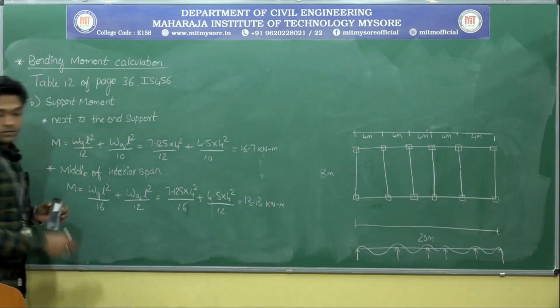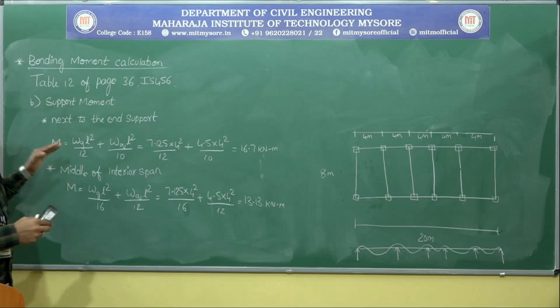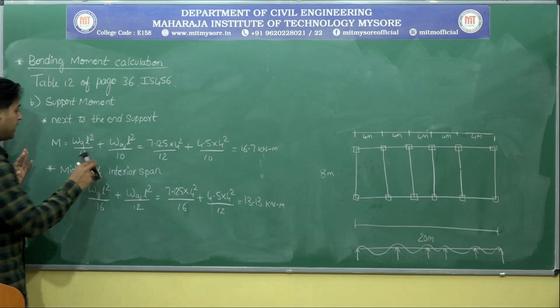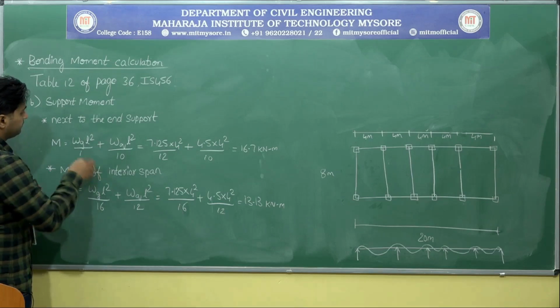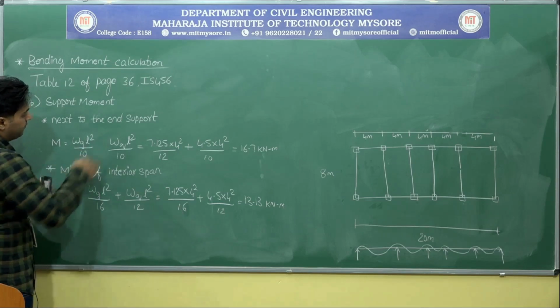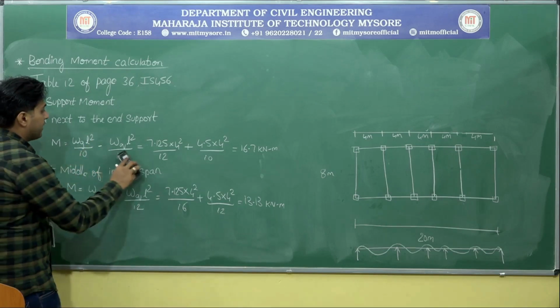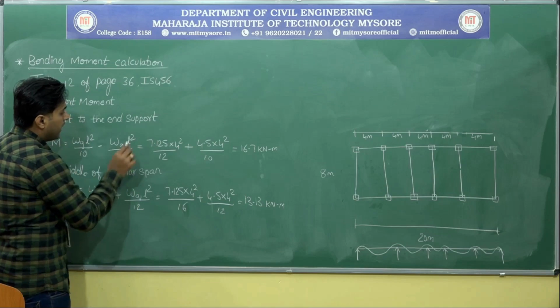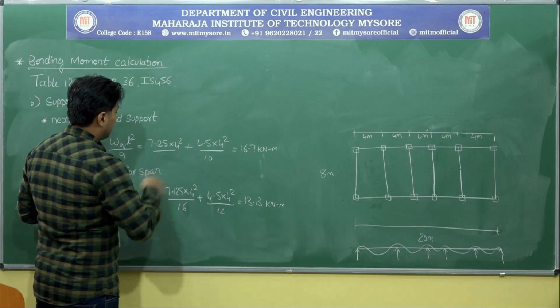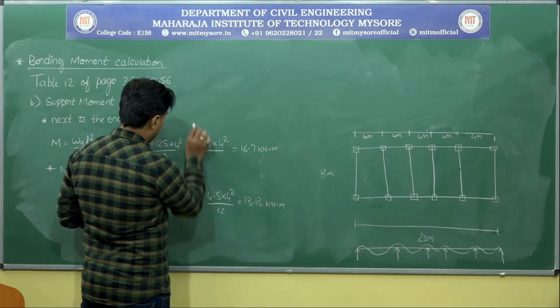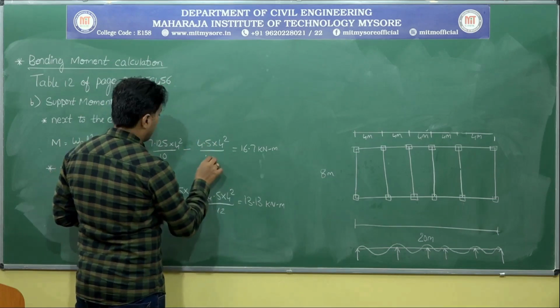Here also they have given a formula. Next to the end support, it's WG L square by 10 minus WQ L square by 9. Instead of writing it again, I am just altering it here. And one more thing, this is also negative. Please be careful. If you go through IS 456, you will come to know.